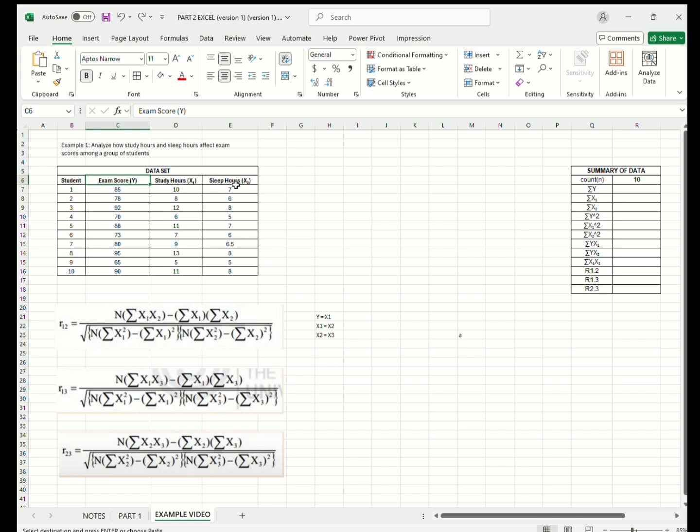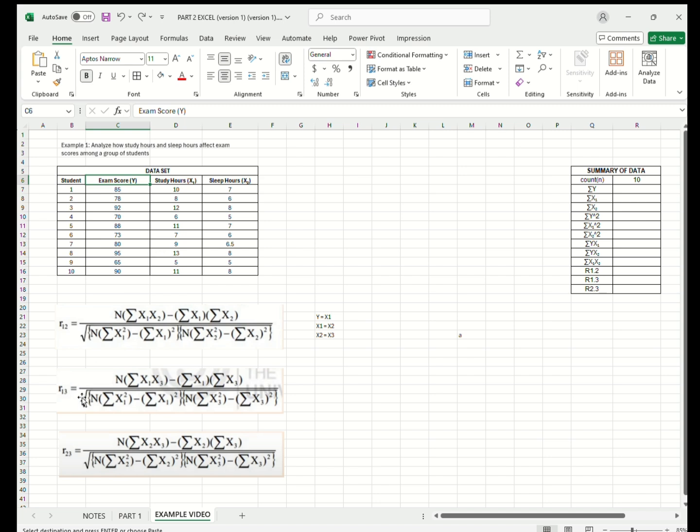And before we proceed, we need to know first which data we should gather. And here we have the formula for our coefficient of multiple correlation. We have R1.2, R1.3, and R2.3. R1.2 is the correlation between the exam scores and the study hours.